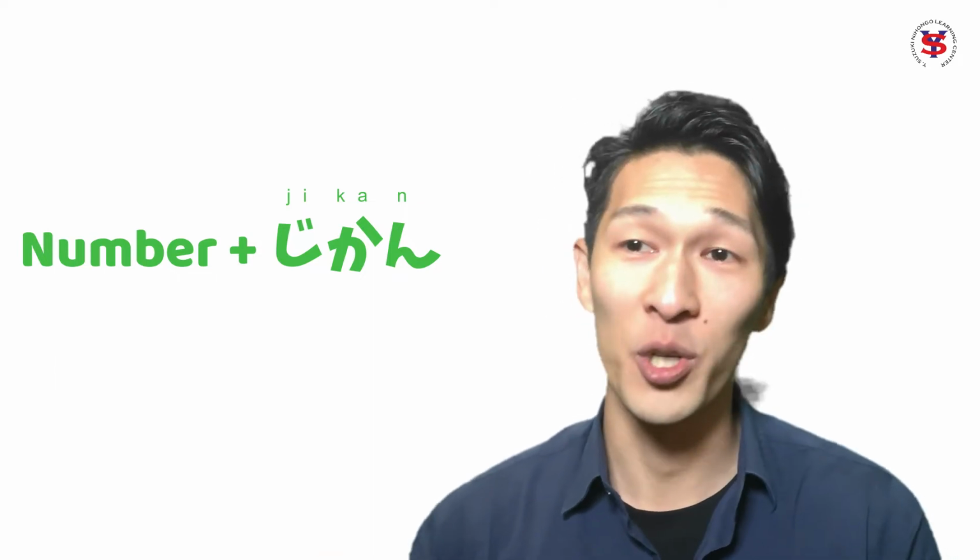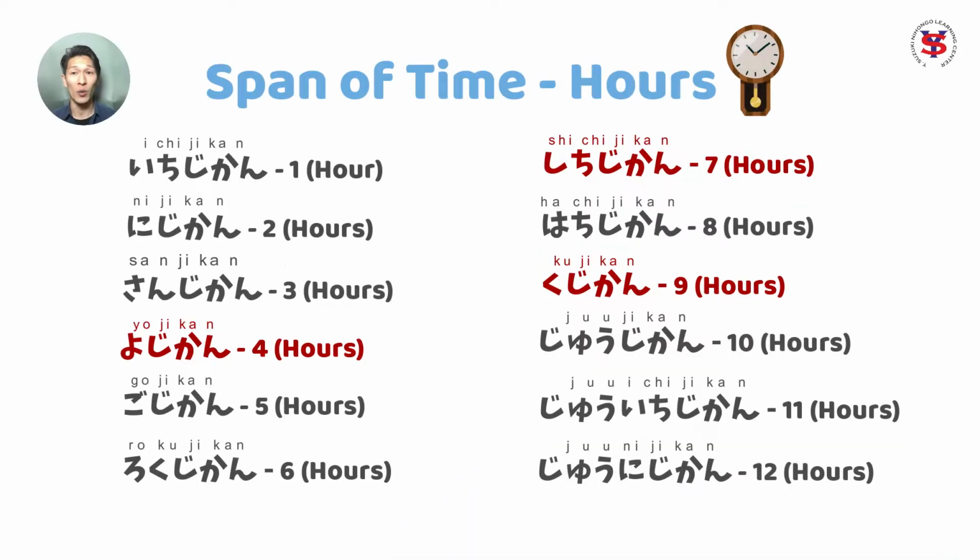So, let's go back to our chart again. For our hour, we have ichijikan, nijikan, sanjikan, yojikan. Remember, hiiksayin natin si yon. Katulad nung sa 4 o'clock, hindi siya yonji, kung hindi yoji. So, same here siya. Yojikan. Now, we have 5 hours.